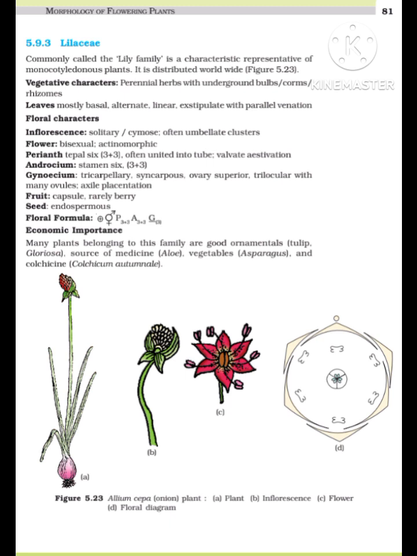Flower bisexual, actinomorphic. Perianth tepals 6, 3+3, often united into tube, valvate aestivation; androecium stamens 6, 3+3, epitepalous; gynoecium tricarpellary, syncarpous, ovary superior, trilocular with many ovules, axile placentation.